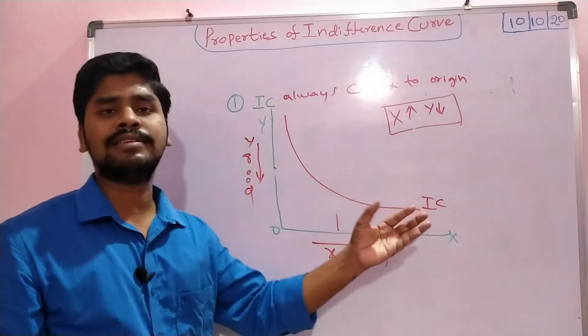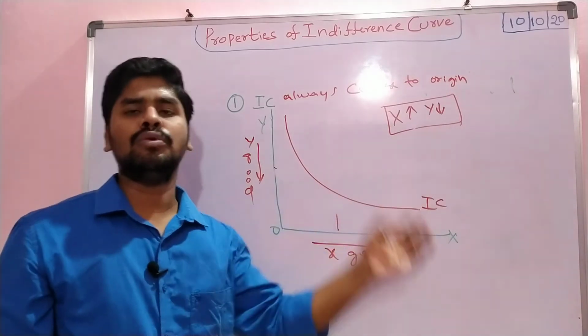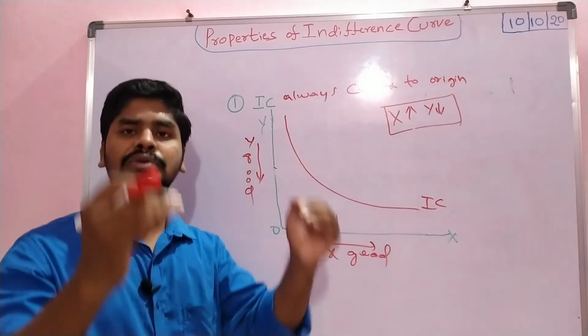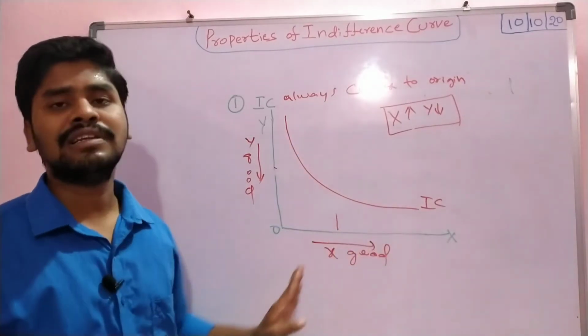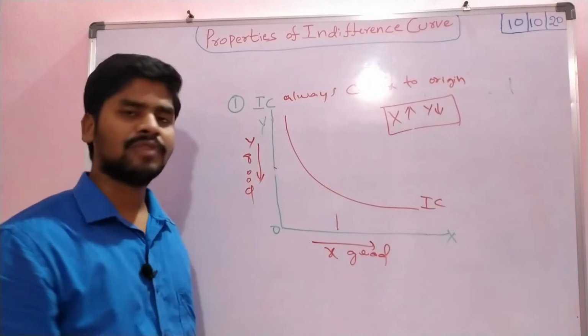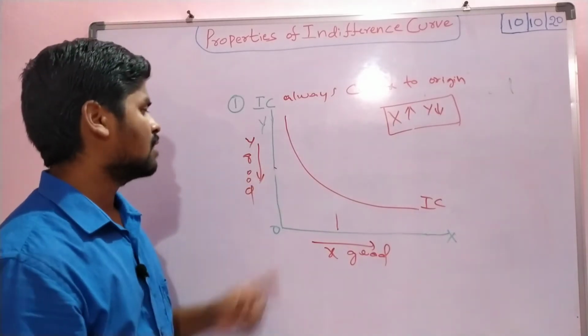The ratio of consuming x and y goods is continuously reducing. That is why we say the indifference curve is convex to the origin.